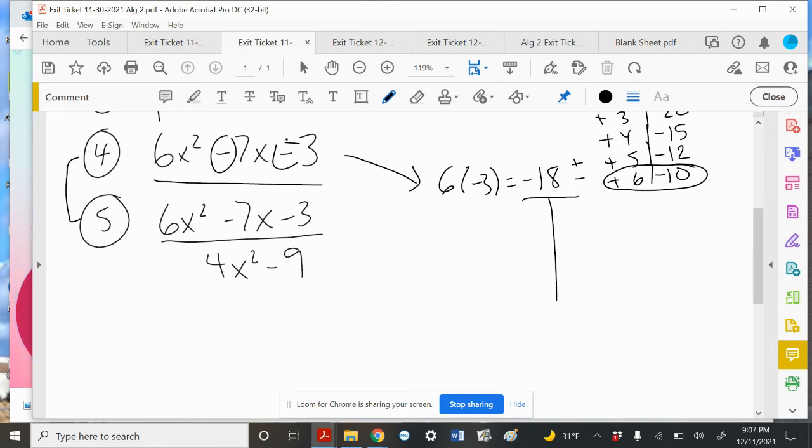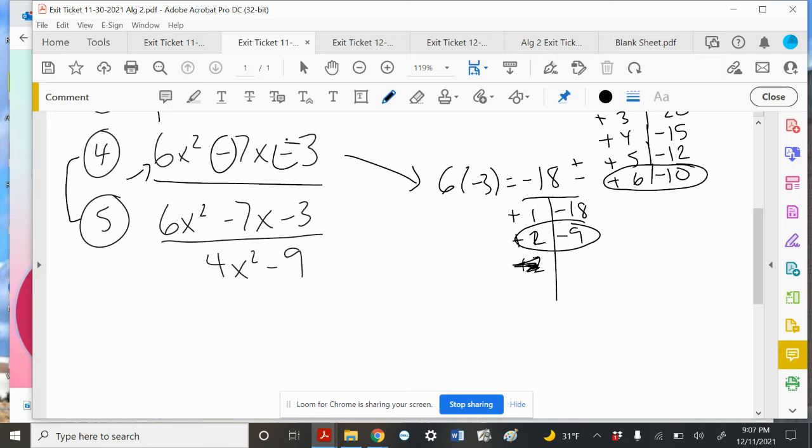And this one tells me that the larger one is negative. So I have 1 and 18, 1 and 9, 2 and 9. I should learn how to add and multiply. So these two add up to negative 7. So I'm going to use those.